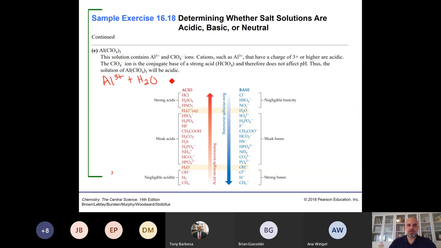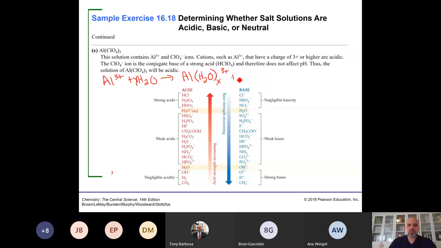I'm going to put an X in the front here. We don't have to know at this point in time how many hydrates there are, but there are going to be multiple hydrates that continue to give us this 3+ charge.